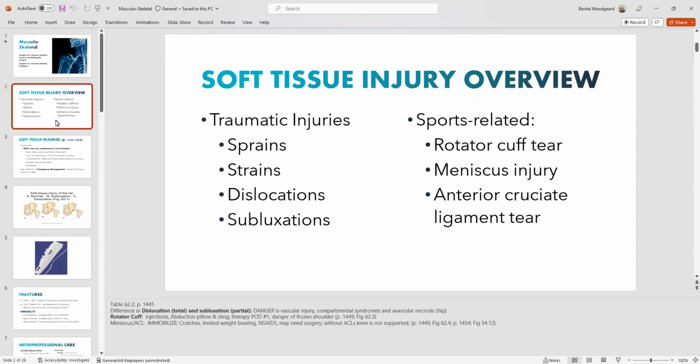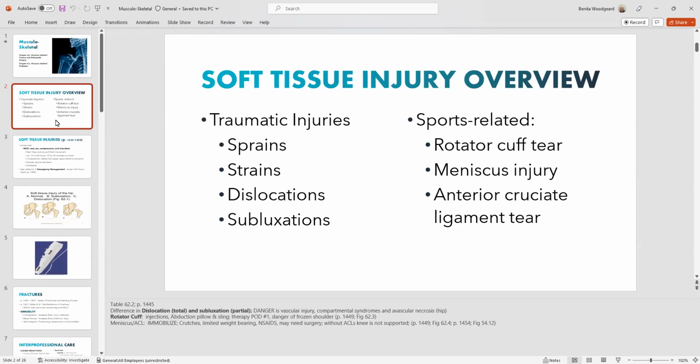But when it becomes out of joint, it can push on nerves and blood vessels, and it can cause compartment syndromes and neurovascular injuries and decreased circulation to that entire limb. So it is very important that these are treated as soon as possible, within hours.